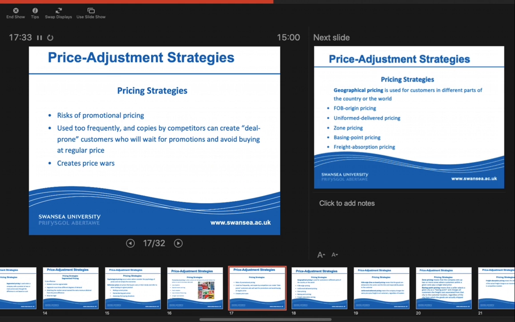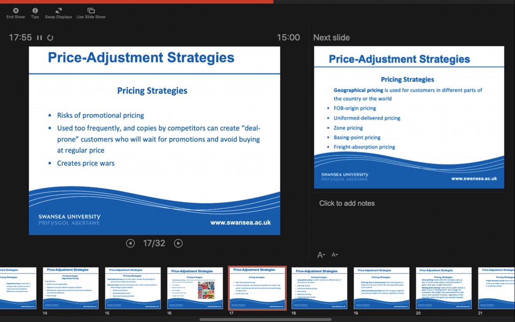There are risks associated with it. Psychological risks of your customers thinking that the bundle that you're providing is either too good to be true, or is cheap and nasty. If it's used too frequently, customers are going to just wait for those promotions to avoid buying at the regular price.